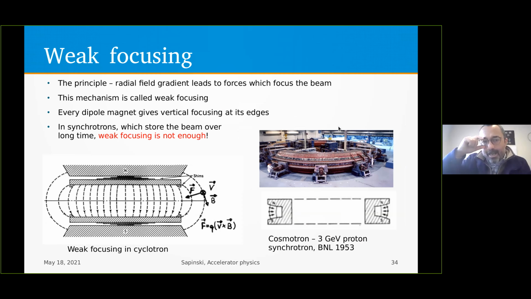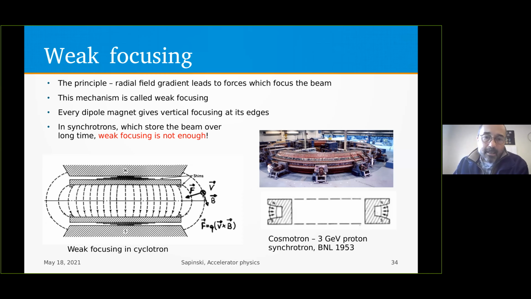Before we go back to our lenses, let's notice that there is a force generated by the dipole which actually stabilizes the beam. Here you see a cyclotron and the dipole field lines in the cyclotron. When the particle is at the edge of the cyclotron, somewhere here, it travels, let's say, towards the screen.